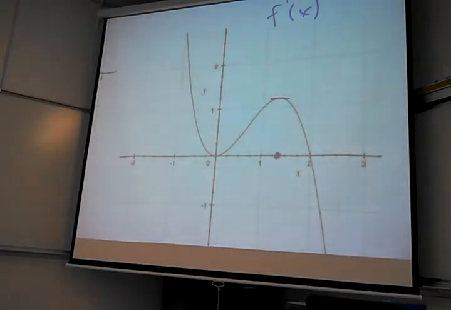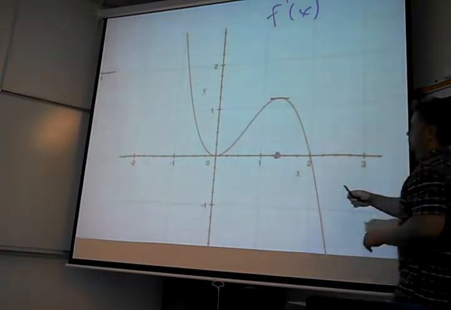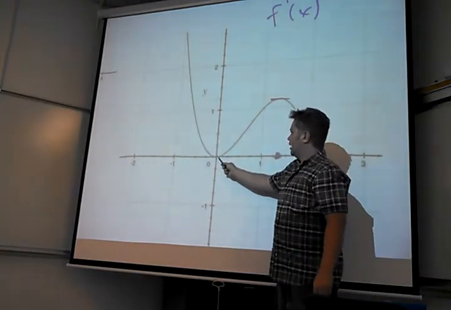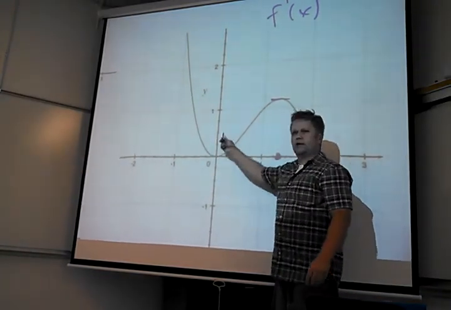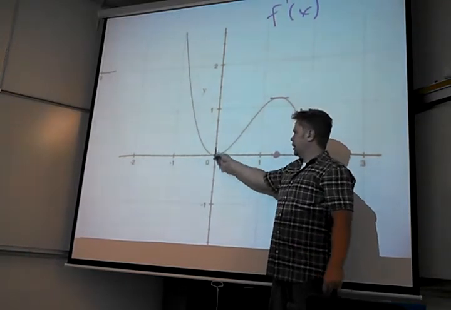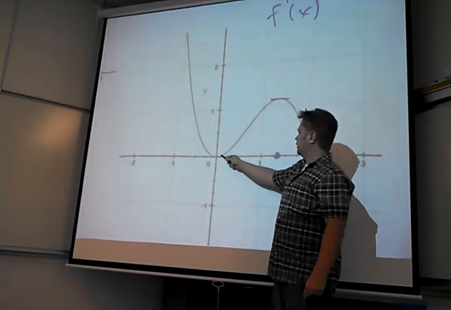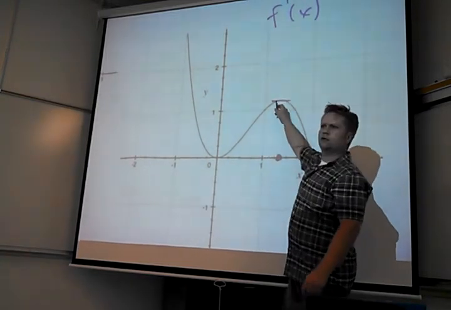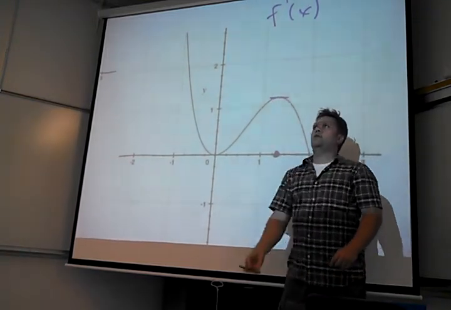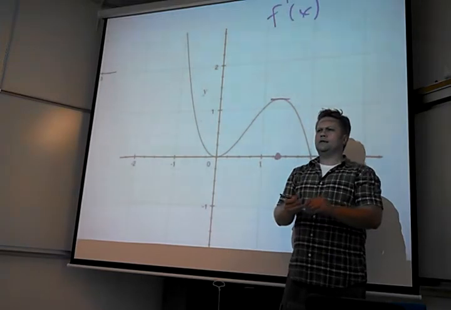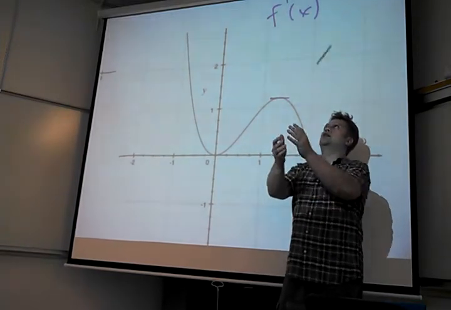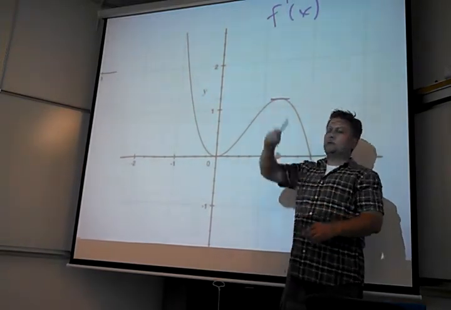So if this is something on a roller coaster or something down here, in terms of up and down, it's not going up and down, it's flat. So it's not changing at all. And then suddenly I'm climbing, and then again, it's flat here. Right? So when I throw a pin up in the air, at what point is its velocity 0? If I threw it straight up and down? At the peak.